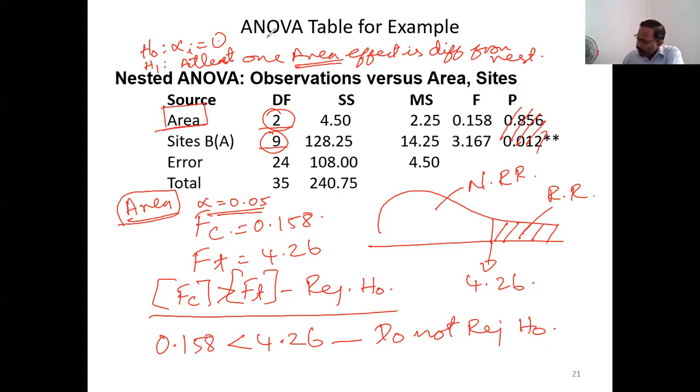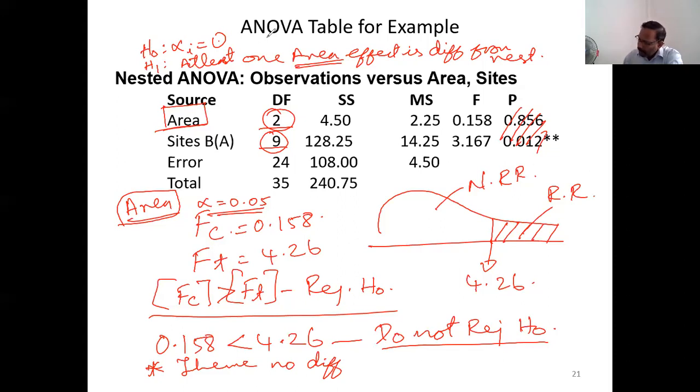So we do not reject our null hypothesis. What is my conclusion? Anyone? There is no difference in what? What did we measure? I couldn't remember the kind of measurements. If I go back, I will lose this.